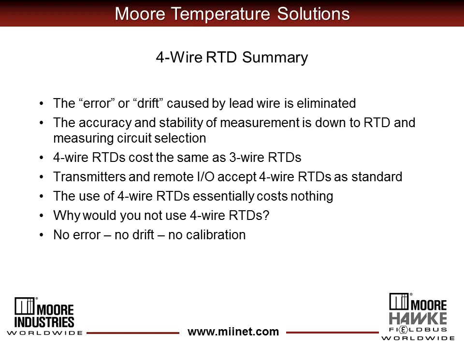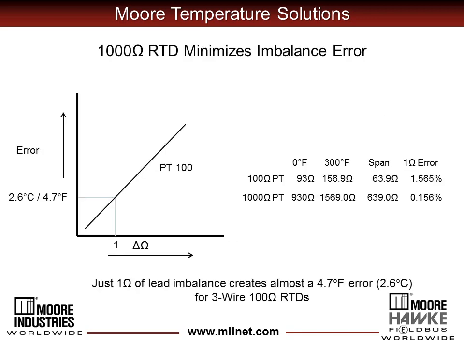By today's standards, that's very old technology, and perhaps alternatives should be considered. If, for whatever reason, 4-wire RTDs is not in your future, consider the next little trick. Switch to 1,000 ohm platinum RTDs.